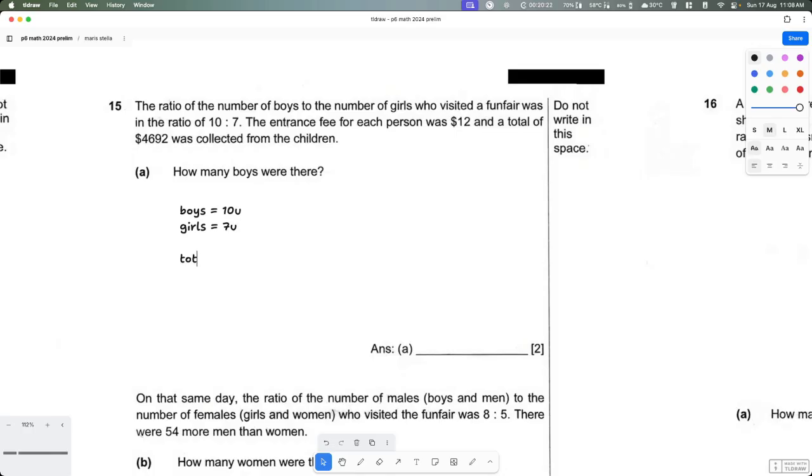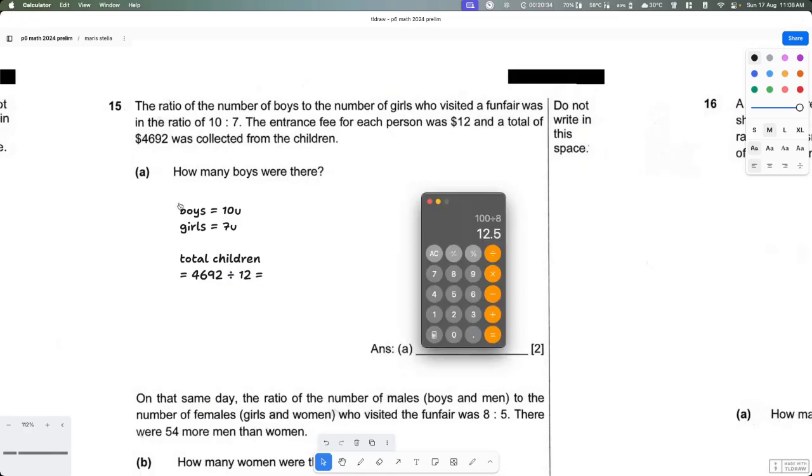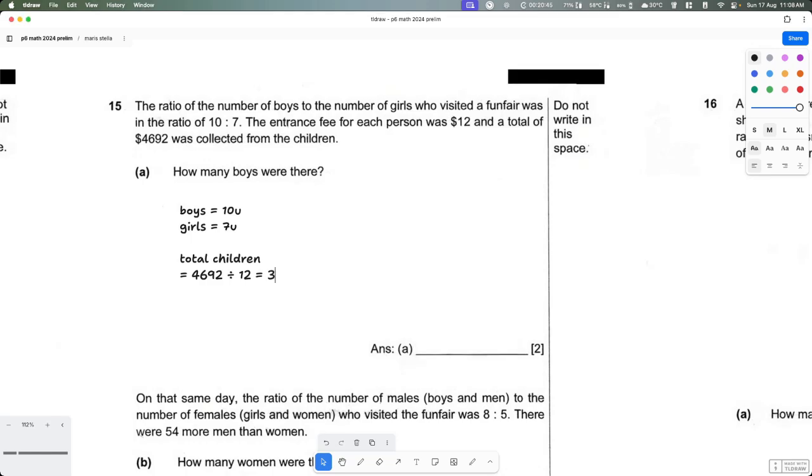Okay, so total children is equal to 4692 divided by 12. Okay, 391. So we also know that total is equal to 10 plus 7, which is equal to 17 units.